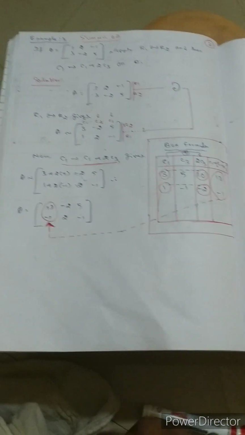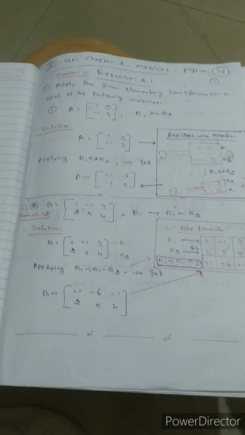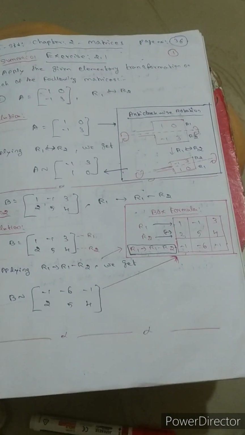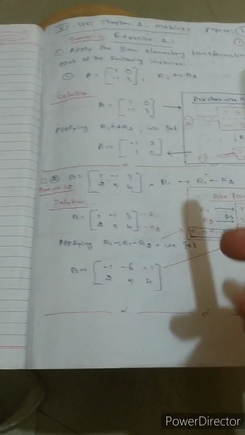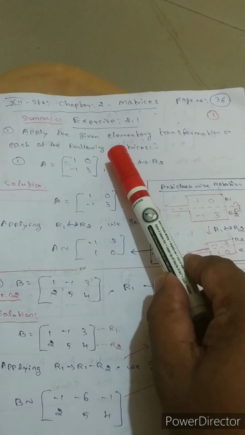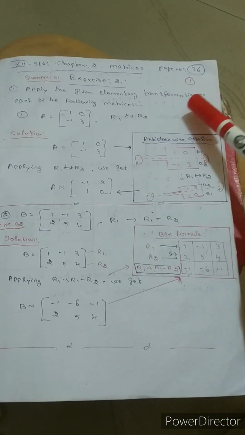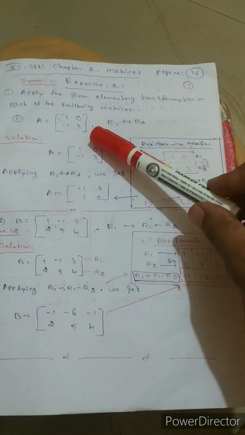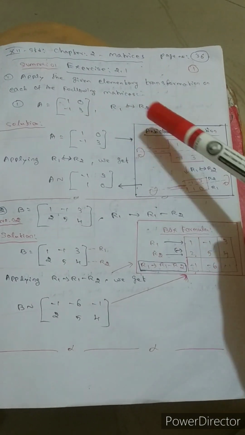And we will see some examples also, and next, some examples and the exercise problems also. Based on that box formula we are finding the solutions. Now this is exercise 2.1, page number 36. Elementary transformations of each of the following matrix.